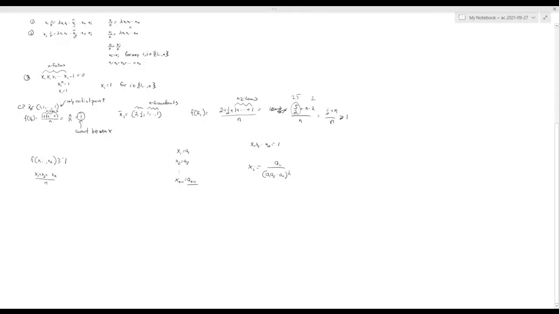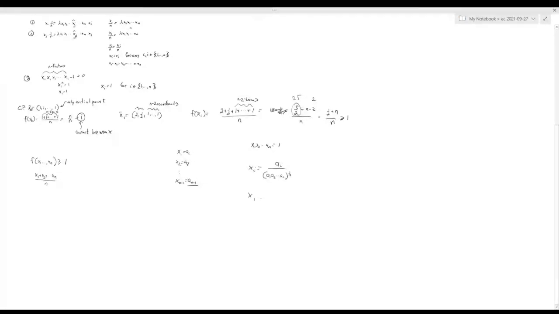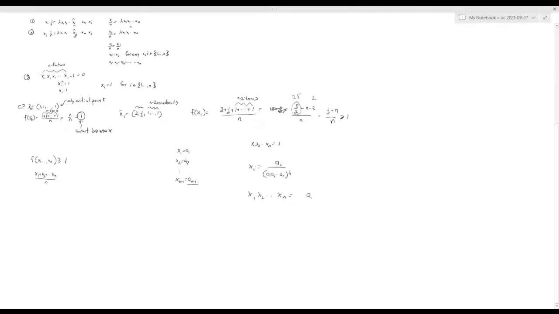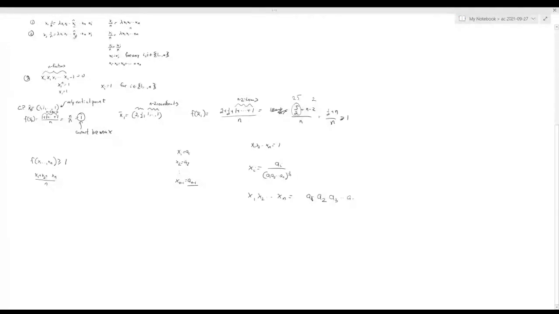Okay, that was good. So let's see if we multiply these coordinates together. In the numerator we get a1, a2, a3, up to an, and then you have this denominator in each of these. So x1, for example, is just a1 divided by this product.